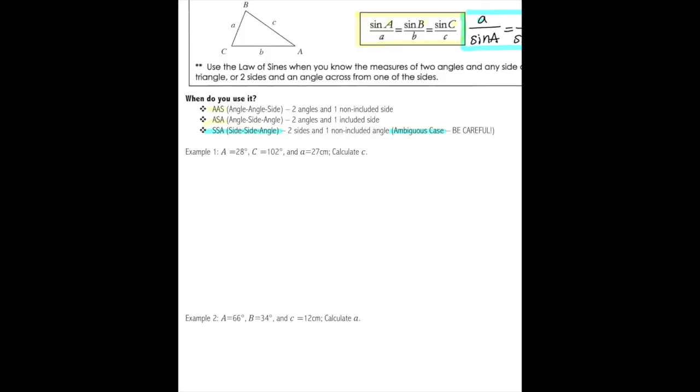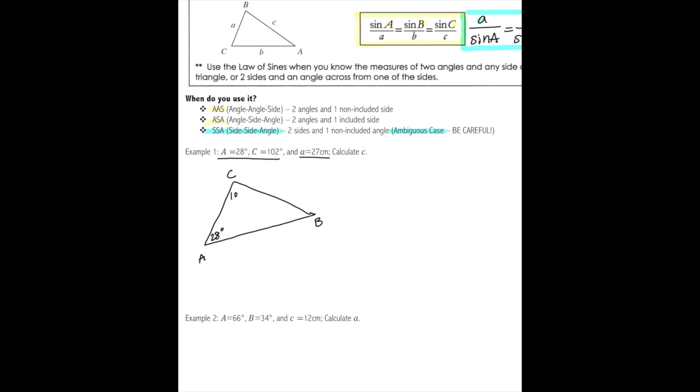So let's look at the first example. In this example, you are given two angles and a side. First I'm going to draw the diagram, labeling the angles with capital letters A, B, C. It doesn't matter how you label them, but this is what I'm going to do. Angle A is 28 degrees.